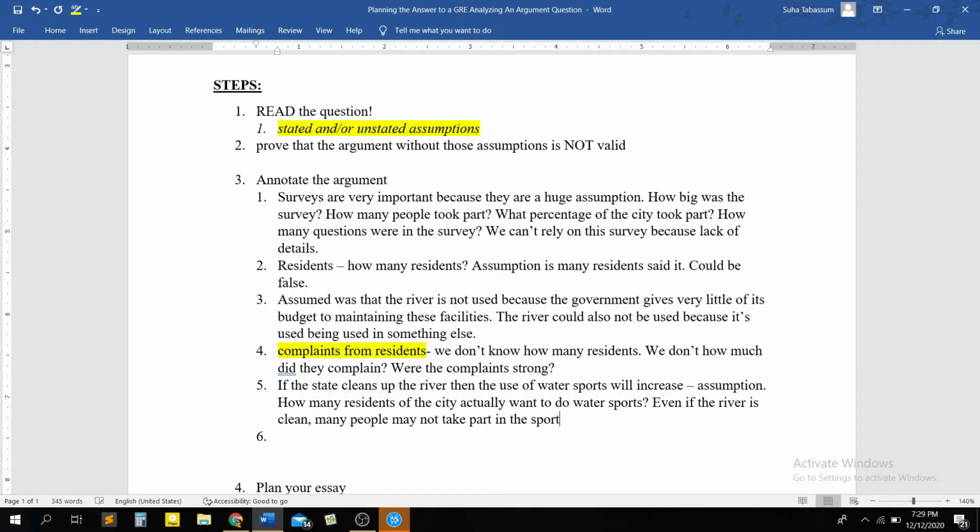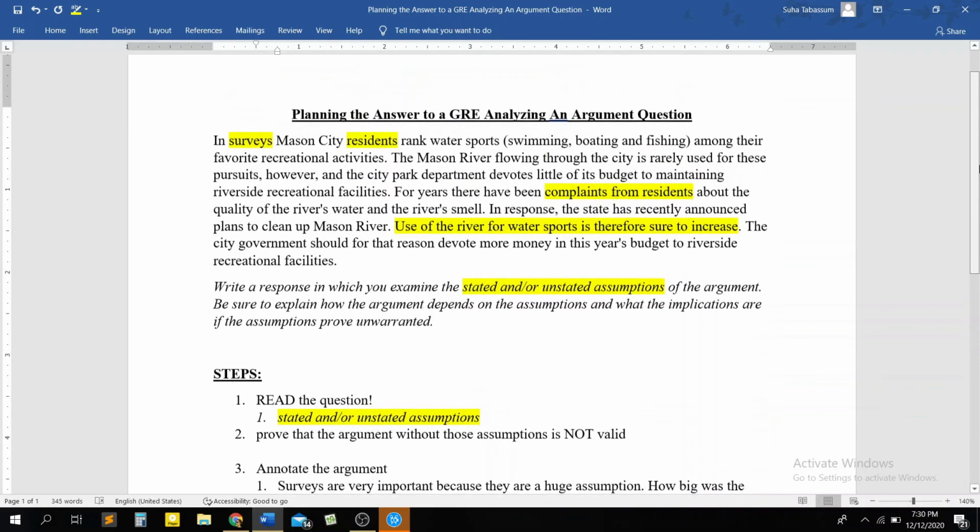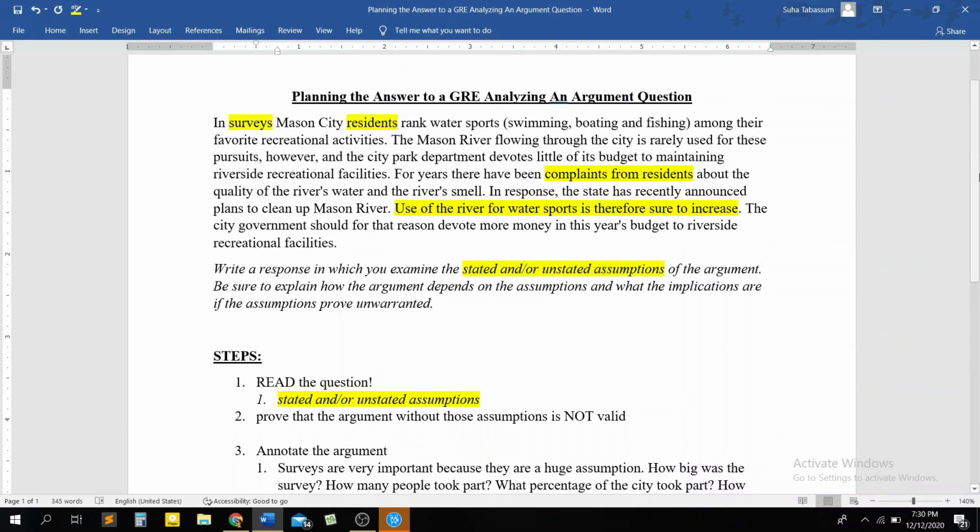So this is a very big flaw in the argument, that you're saying that the river is unclean, which is why no one is taking part in the river sport activities. But we actually don't even know how many people want to take part in these activities. So as you can see, this passage is full of flaws, huge flaws.